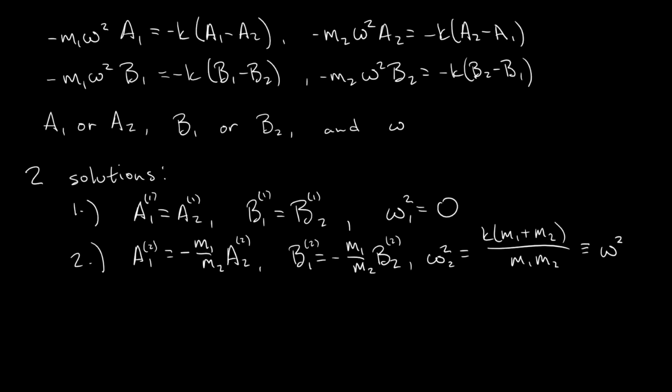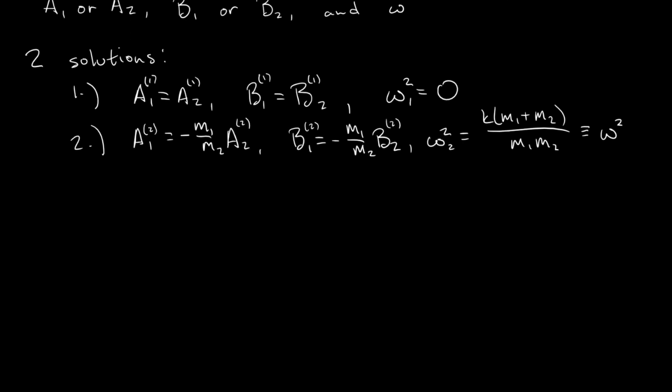So now this gives us 2 solutions, right? The first solution, which I'll call delta 1 of t, is a bit boring. This is just A1, and delta 2 of t is also equal to A1. So I just shift them by some offset, which is the same for both of them, and nothing interesting ever happens.